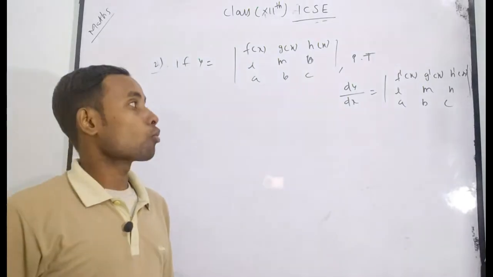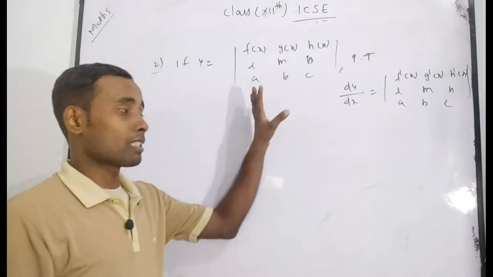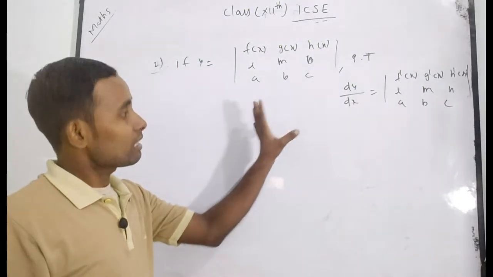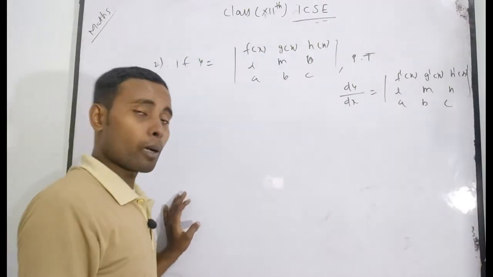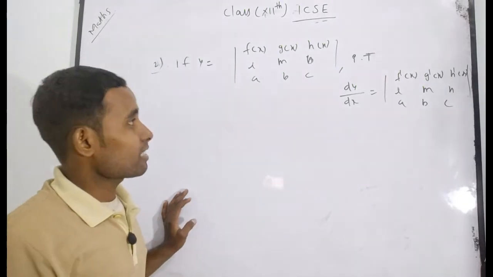Definitely you will try to go through the simple way. That means you have to firstly find the determinant of this function and differentiate, but do not go that way. I will give you another way, which will be conceptual and very tricky.